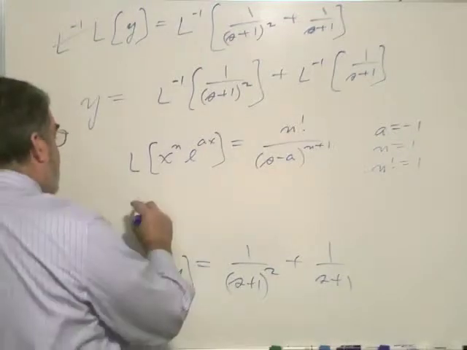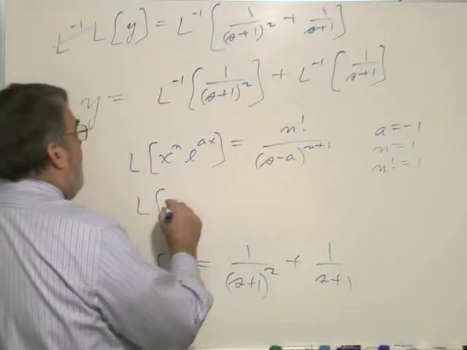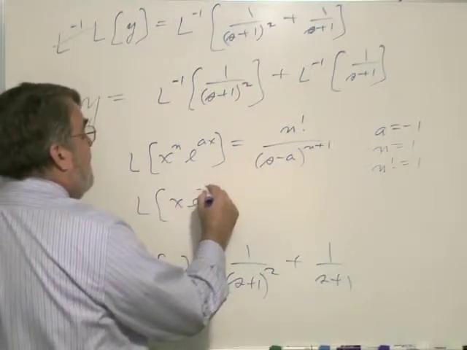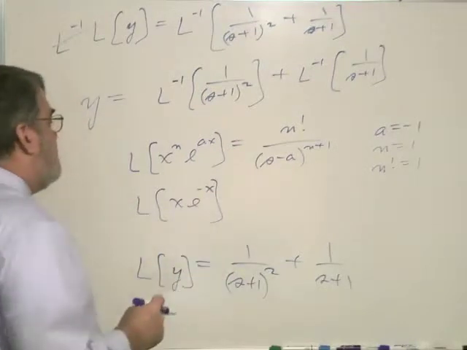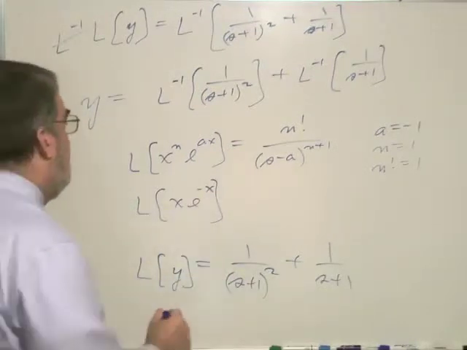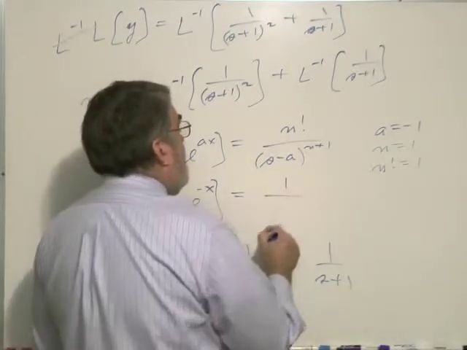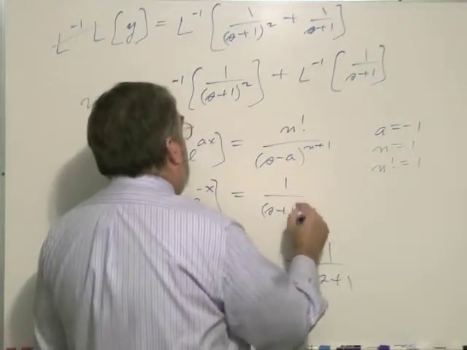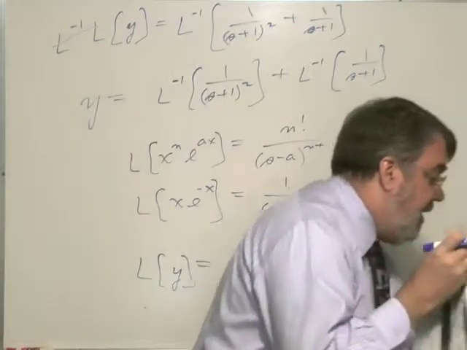So the Laplace transform of x to the first power times e to the negative x, where a is -1, would be 1 factorial over s plus 1 squared.